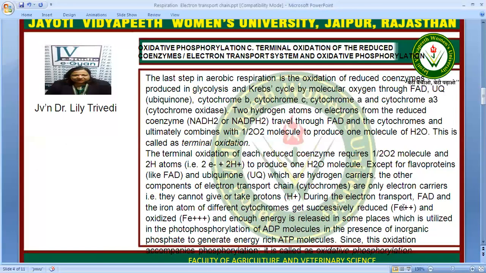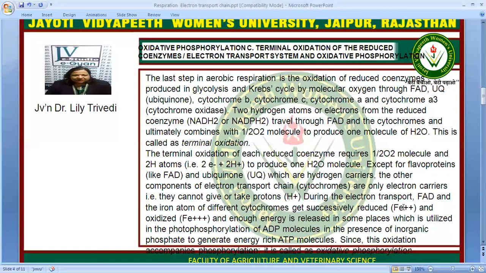The terminal oxidation of each reduced coenzyme requires 1/2 oxygen, that means half molecule of oxygen, and 2 hydrogen ions, that is 2 electrons plus 2 protons, to produce 1 molecule of H2O.